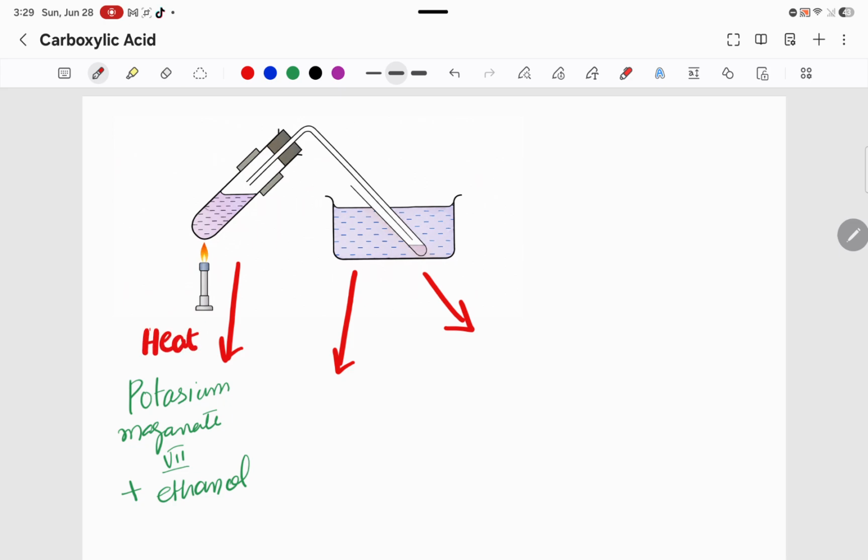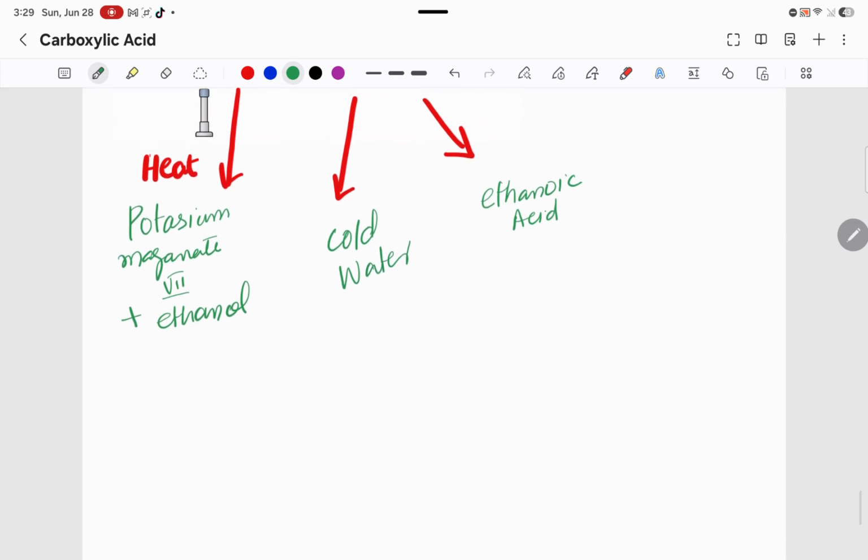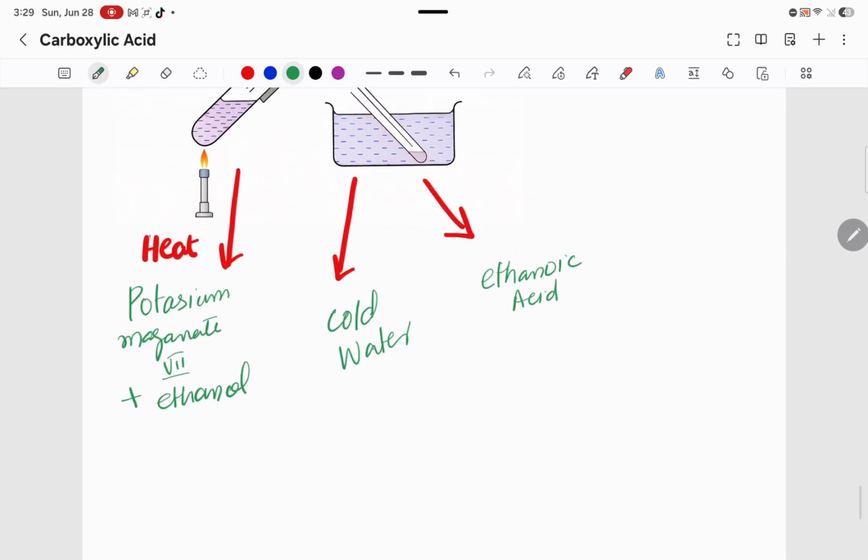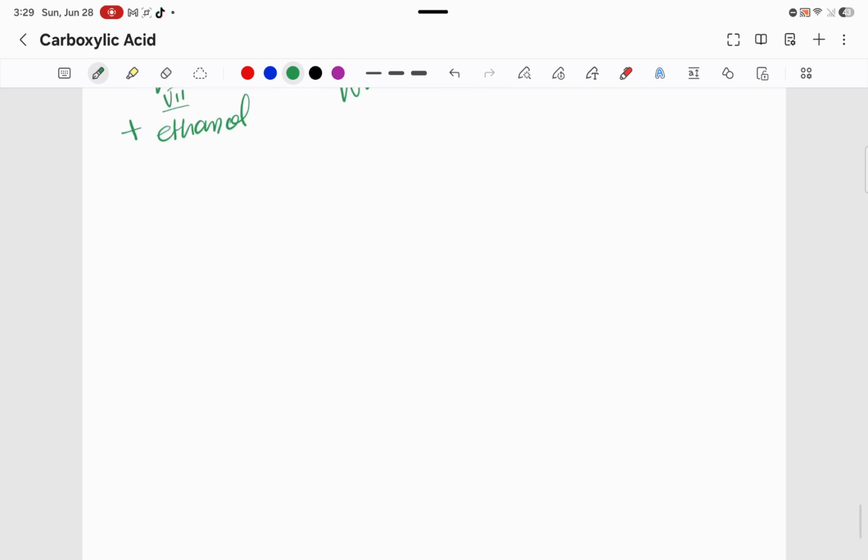We are going to heat it and the oxidation takes place. We collect the ethanoic acid here in this test tube, and this is the cold water. So this is the whole laboratory setup for this process.